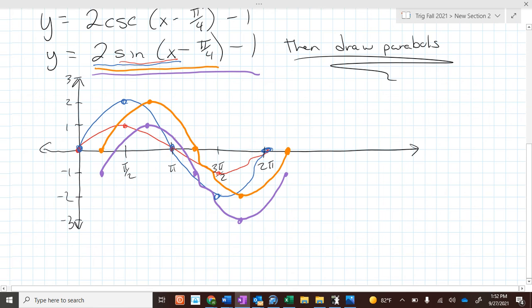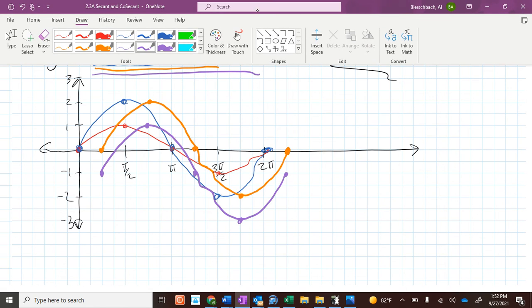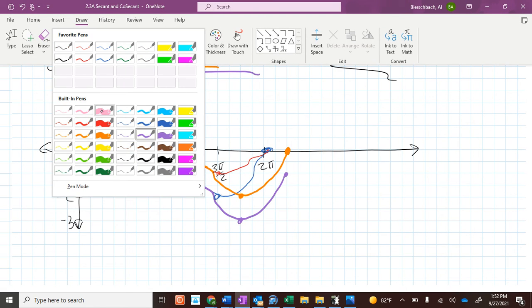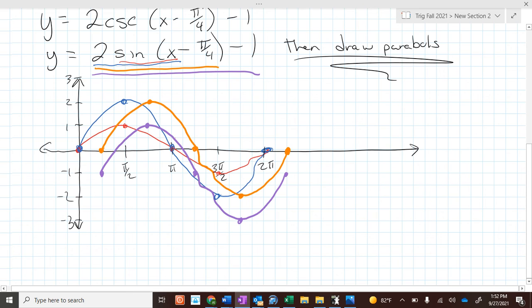So, see on the orange graph. Everybody's looking at the orange graph. Wherever the orange graph hits the x-axis, that's where there's going to be an asymptote.